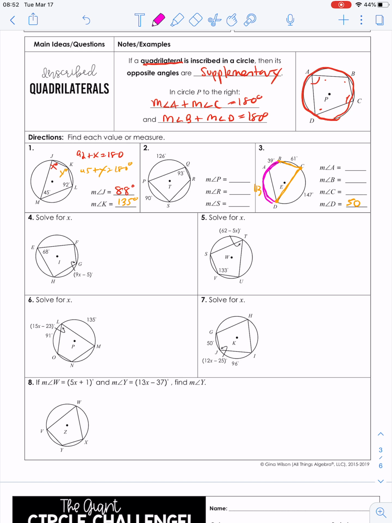That's its arc. So it's going to be half of 113 plus 39, because that's its arc. So that is 152. Half of 152 is 76. Very good.